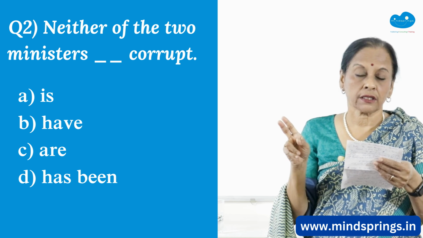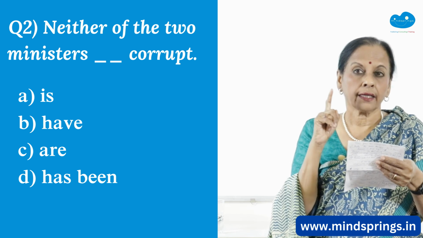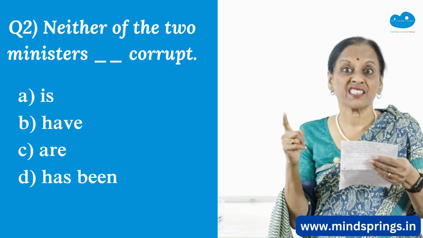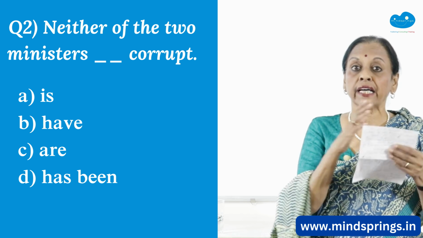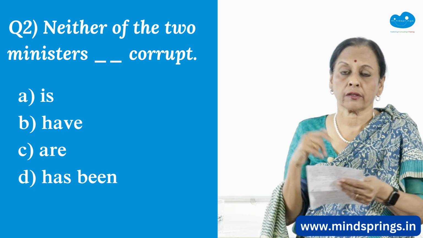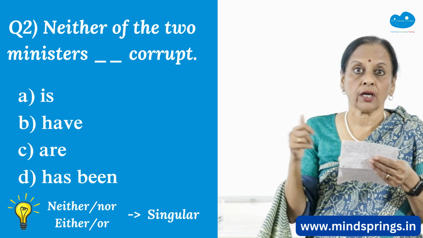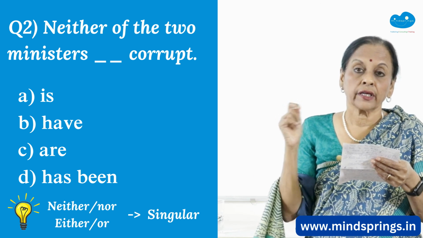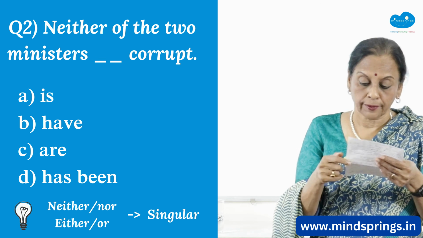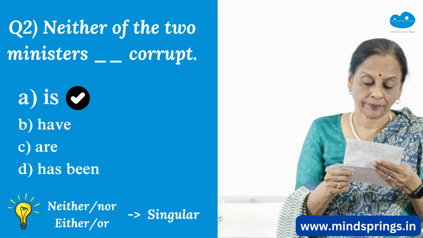Now what happens is you are looking at the word neither and then the word ministers and you are getting confused. Neither looks like singular and ministers looks plural. But whenever you get neither, nor, either, or, it is always singular. So is is the correct answer.